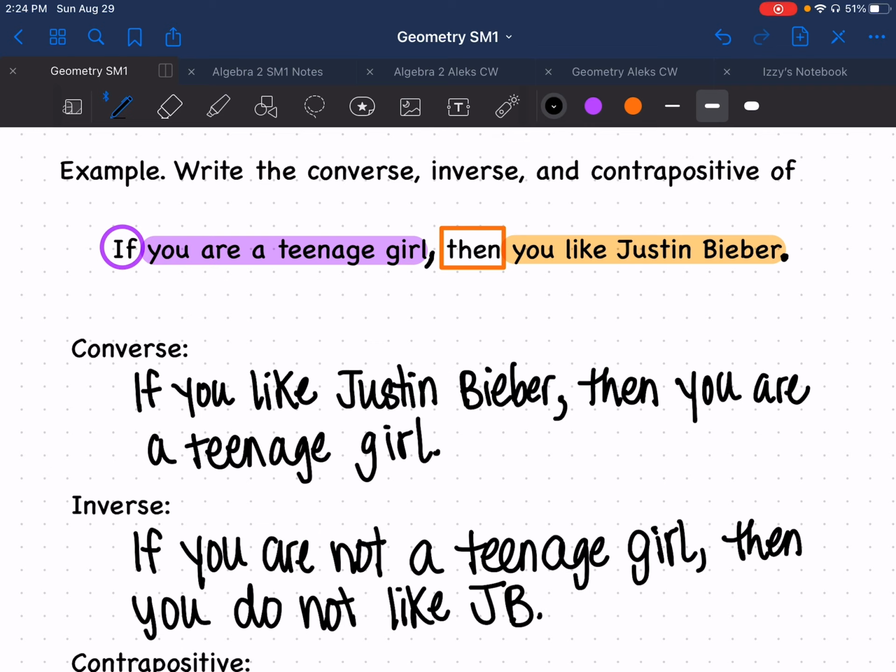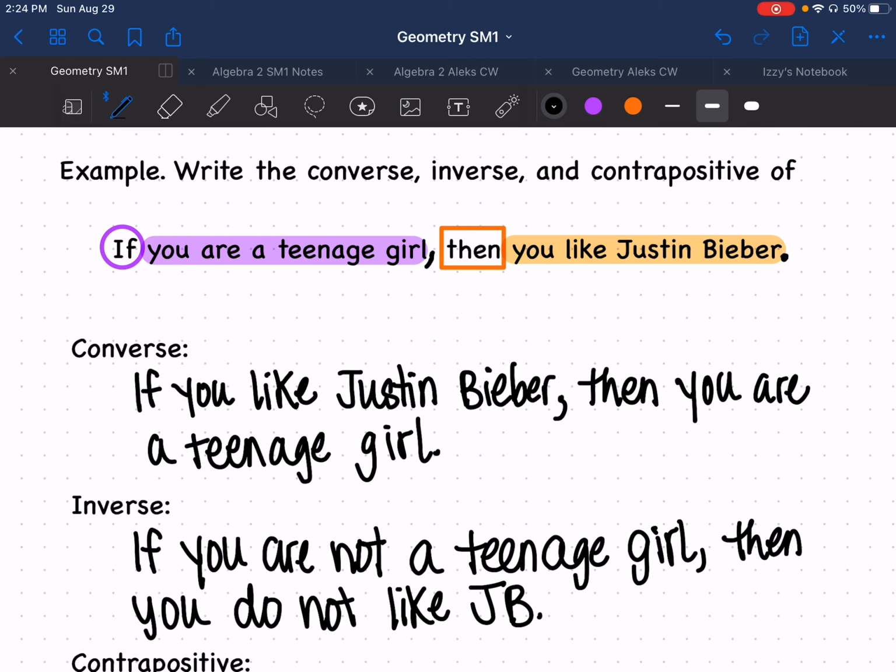I'm going to get tired of writing his name. Okay? Notice I added a little bit extra for the not in the hypothesis, because if you put then you not like Justin Bieber, although technically, yes, that is correct for the negation purposes.